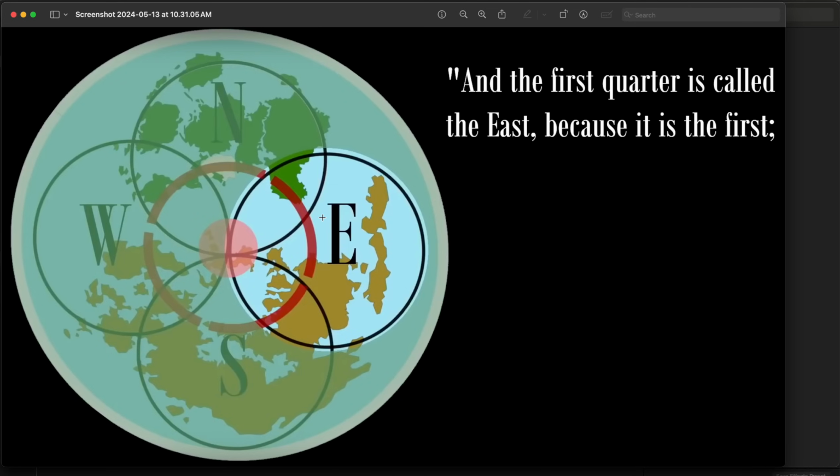So let's round that off and say 2,000. If it took 2,100 years or 2,000 years to go from the east to the south, because this is the way that the magnetic pole is rotating. You can see these red lines on the screen right here in this circle. If it took about 2,000 years to get from the east to the south, that would be 2,000 years right about here. We're in the south 2,000 years.